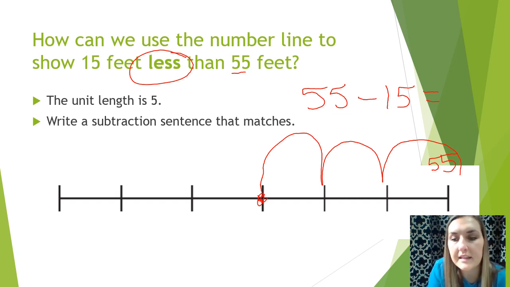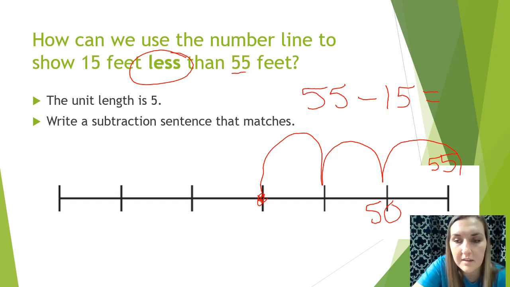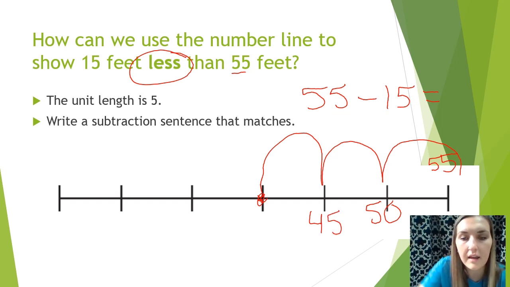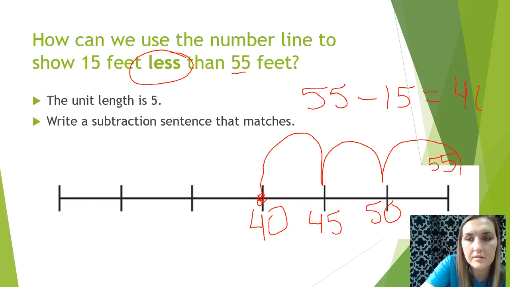Counting down, 5 less than 55 is 50. 5 less than 50, 45. 5 less than 45, 40. 55 minus 15 equals 40.